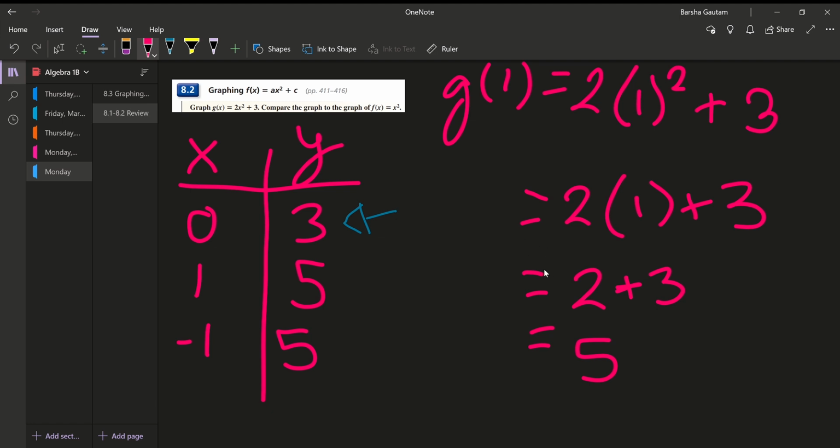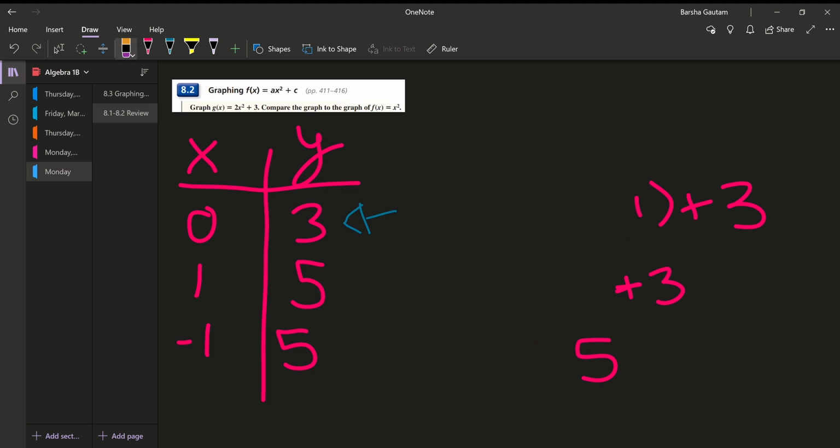Okay, so let's go ahead and start our graph. Alright, so this is our vertex.